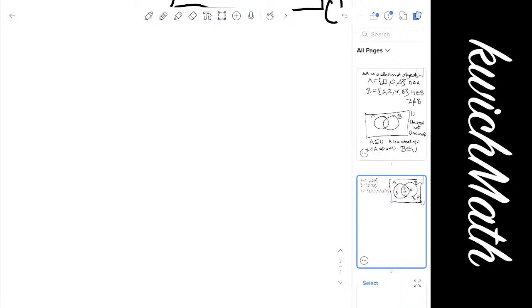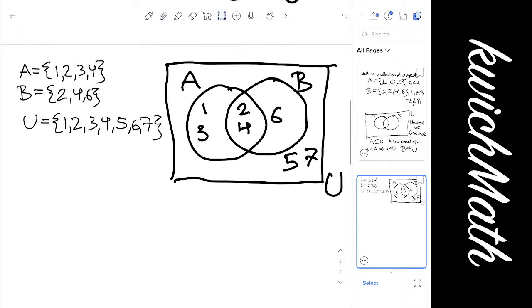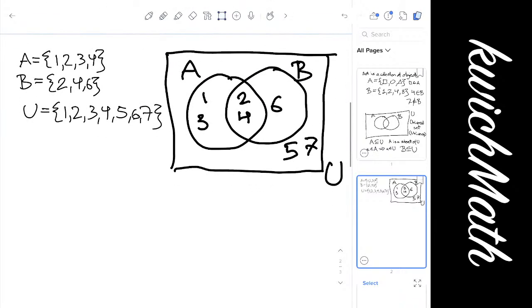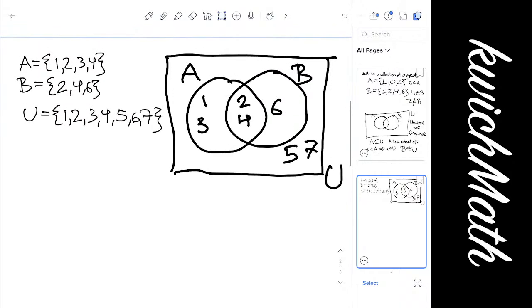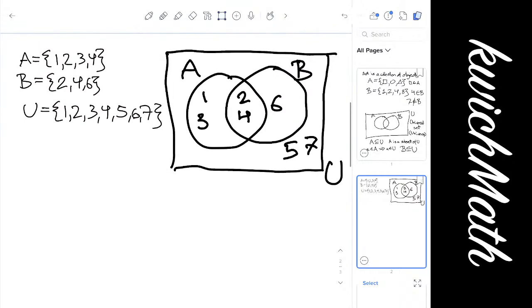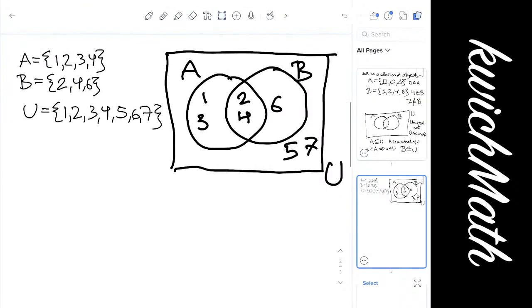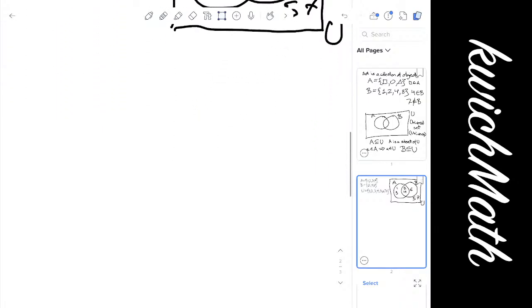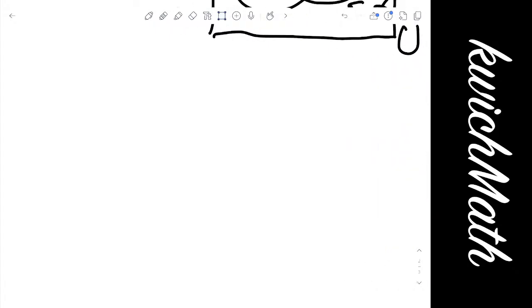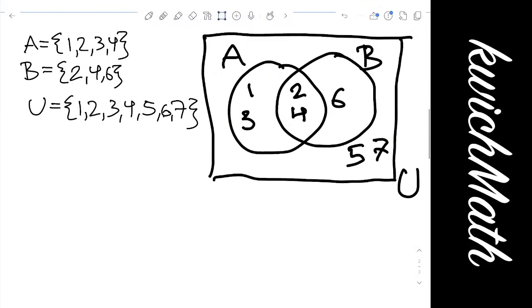So anyway, let me just redraw everything. What is the easiest way to do this? So did I copy it?